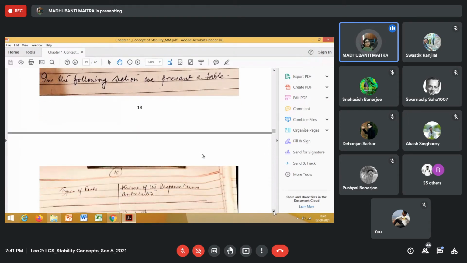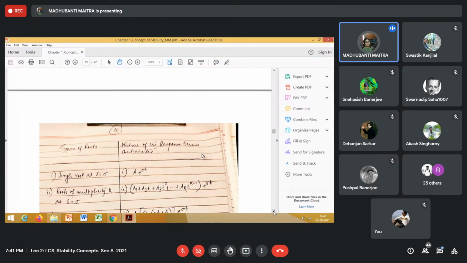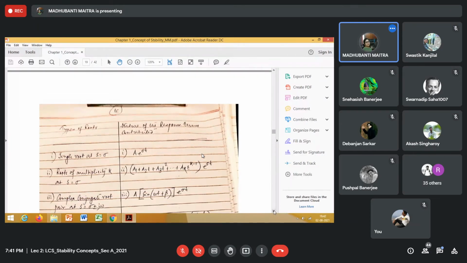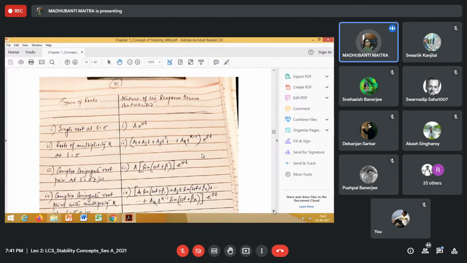So now let's look at this particular table and try to find out that if a closed loop pole or root of the characteristic equation is located at a certain point on the S plane, then what is going to be the response term contributed by that particular root?